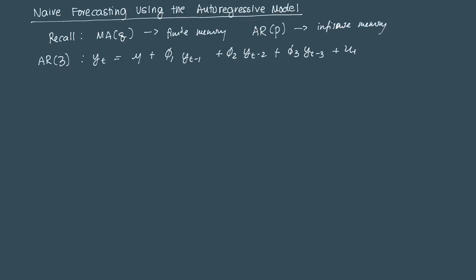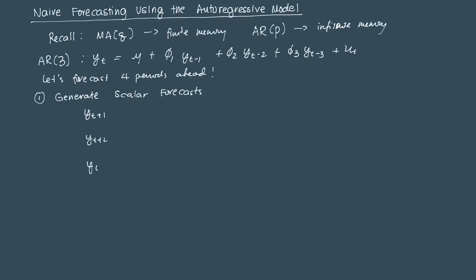Say I ask you to forecast 4 periods ahead. Again, step 1 is to generate scalar forecasts. And what does that look like? We're going to do Y_{t+1}, Y_{t+2}, Y_{t+3}, Y_{t+4}.